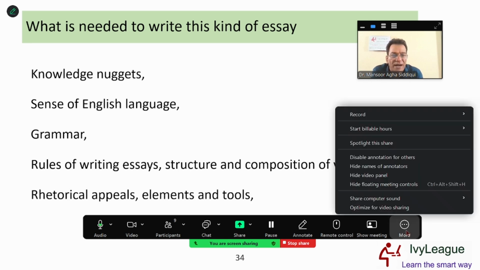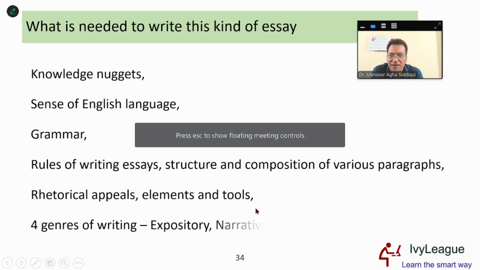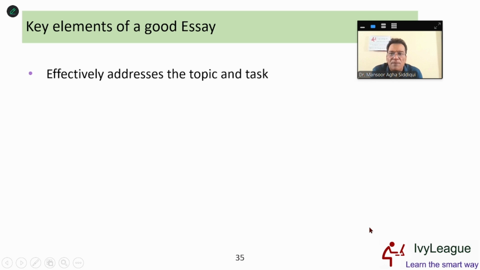Then you have to be good at something called rhetorical appeals, elements, and tools. And you need to be very clear about four basic genres or types of writing. Writing can be expository, narrative, analytical, or it can be argumentative by nature. So any essay which is good should effectively address the topic and the task which has been given to you.